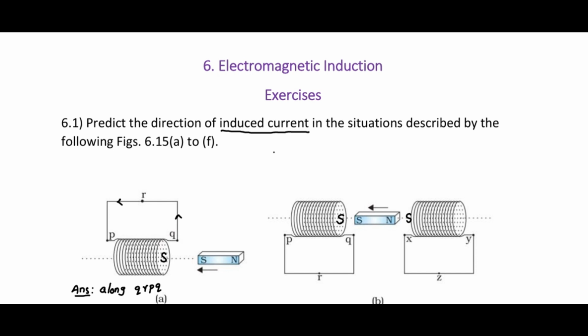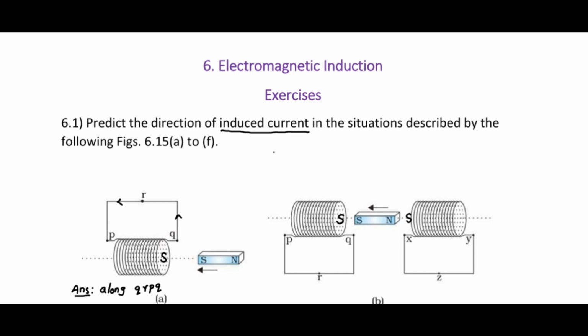By Lenz's law, the induced current should develop N pole at the end Y and S pole at the end X. For this, the current in the two coils should flow clockwise when seen from the magnet side.